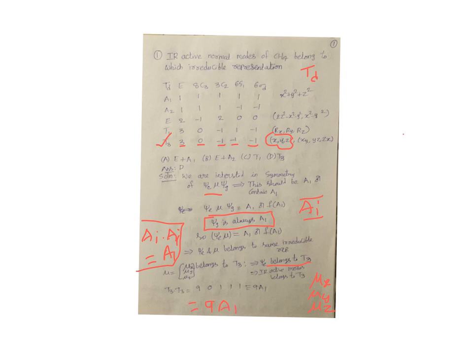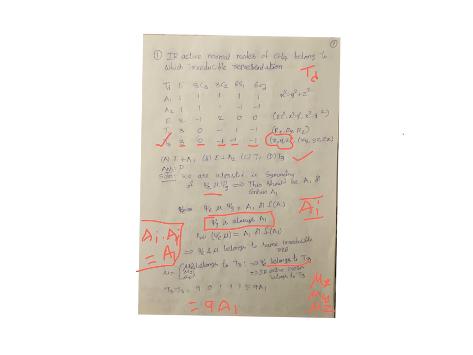As I told you, either it should be A1 or it contains A1. So T2 into T2 is A1. Therefore, this transition is allowed. So the right option is T2 because the dipole moment belongs to T2. The excited state or the active normal mode should also belong to T2.